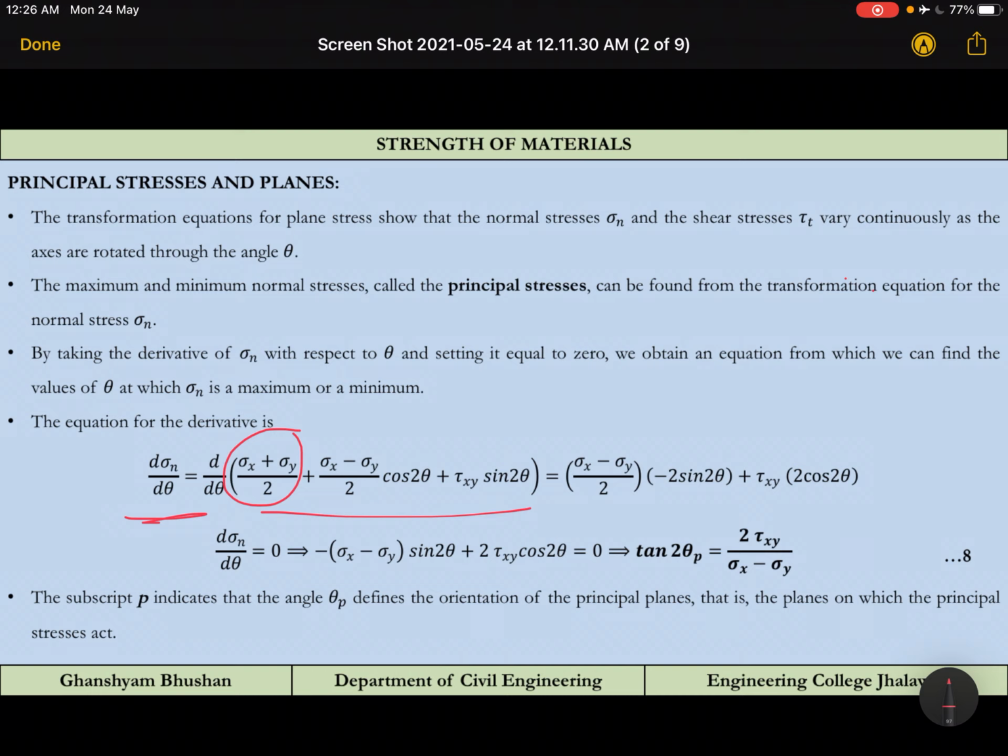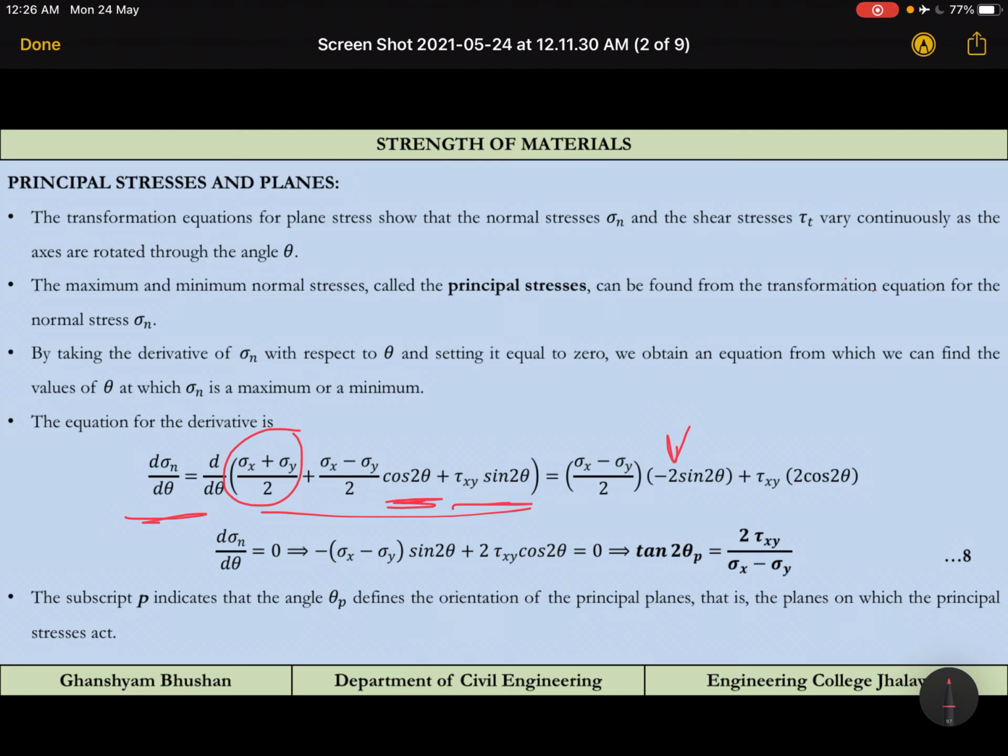Plus, sigma x minus sigma y by 2 is also constant, so it stays outside, and cos 2 theta is differentiated. The derivative of cos theta is minus sin theta, and by the chain rule the inner derivative of 2 theta with respect to theta is 2. So this becomes minus 2 sin 2 theta.